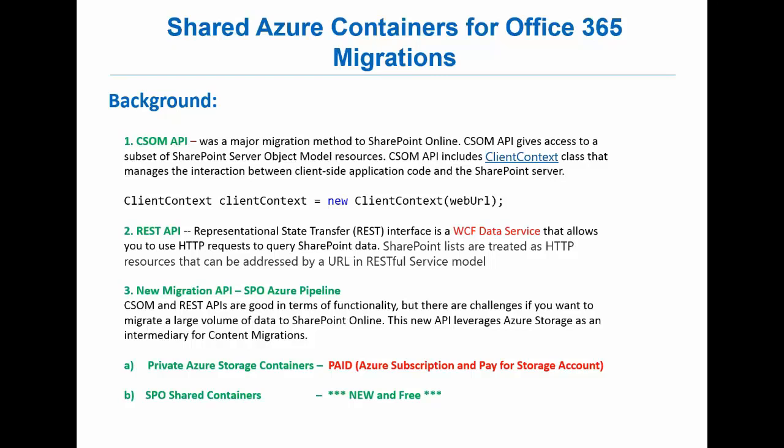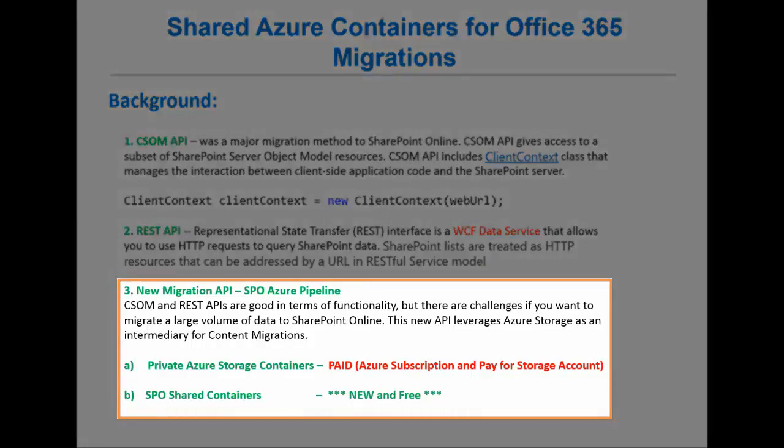from a performance standpoint. So Microsoft built a new API which uses the Azure pipeline method. With this new API, we're not transacting directly with SharePoint Online; we're also transacting through the Azure pipeline.